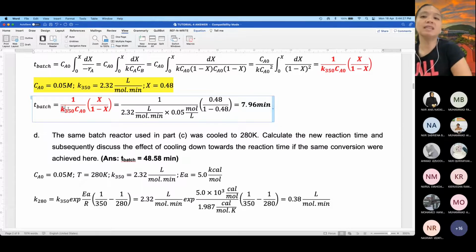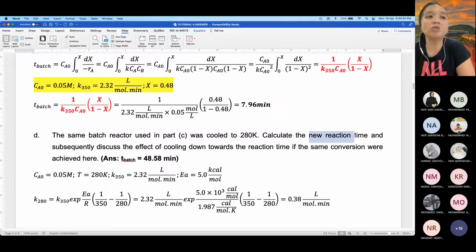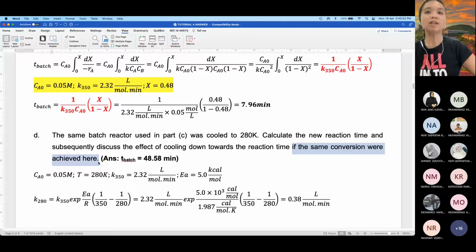Before I forget, when there is a temperature change, conversion will of course change. I gave a wrong statement just now when I said conversion does not change. Conversion will change with temperature, for sure. That's why the question asks us to calculate the new reaction time if the same conversion were achieved. Now I cool down the temperature, but I still want to achieve the same conversion, so what is the new reaction time?